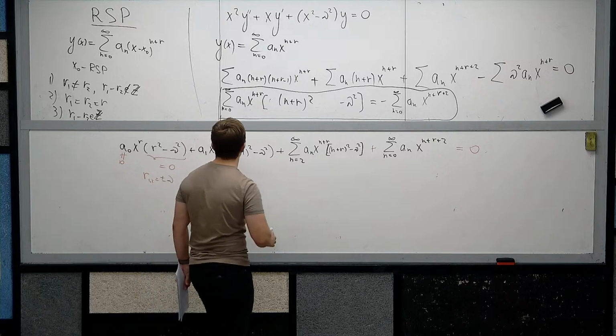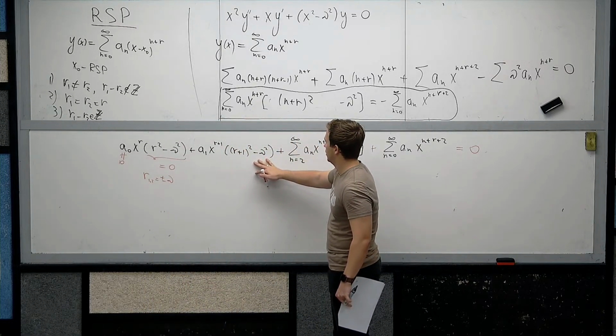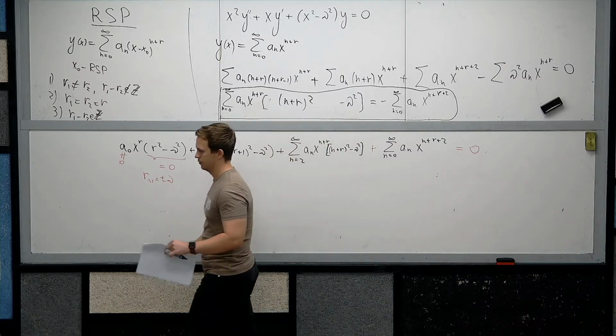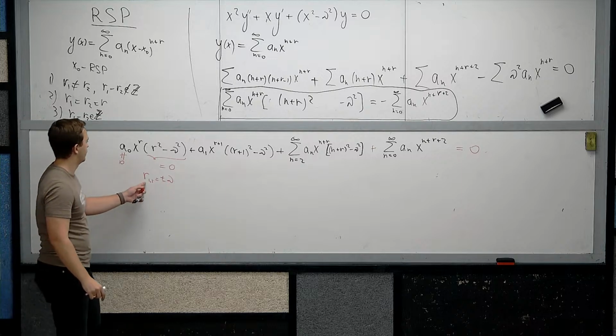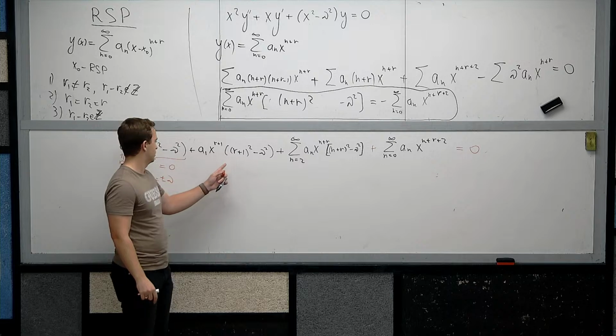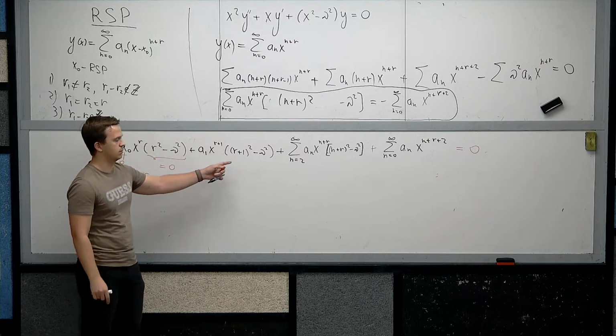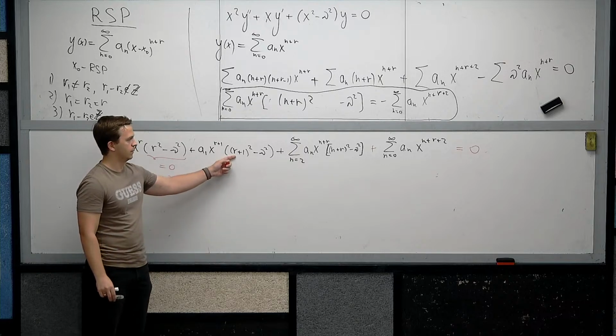Then we look at this term, and because we already know the values of r, we can easily see that plugging these values into this expression will not give us 0.